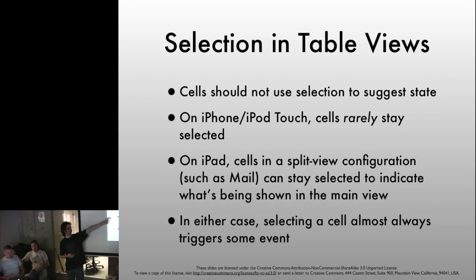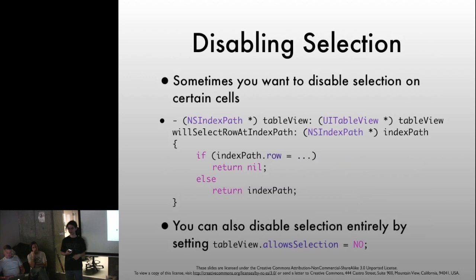Cell selection can be janky, and if you try to use cell selection to indicate something, the user is probably going to think, well, this app looks weird, because that's just not how things work. If you have the split view thing, like for example the settings app from the split view controller, or mail here, then you can have selection make sense there, because you have two independent tables. But as a general rule, just don't do it. What you usually do is trigger some sort of an event when you select a cell, and sometimes you might not want to.